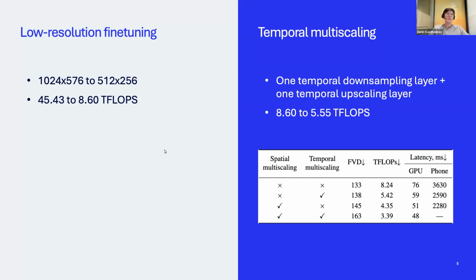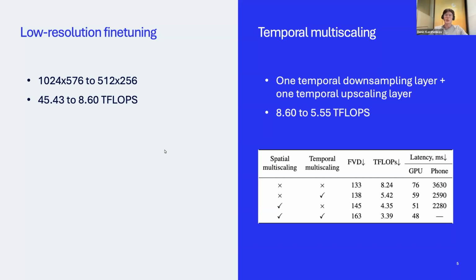But with the help of this low resolution fine tuning, we were able to decrease the amount of flops from 45 to roughly 9. After that, to further decrease the computational requirements, we decided to explore additional downsampling layers in the UNet architecture.